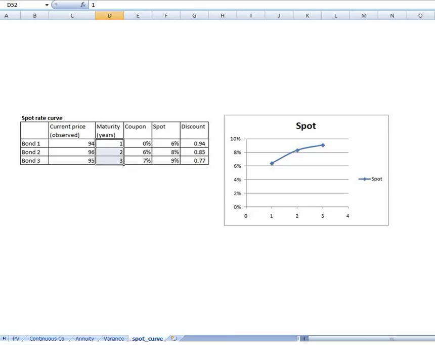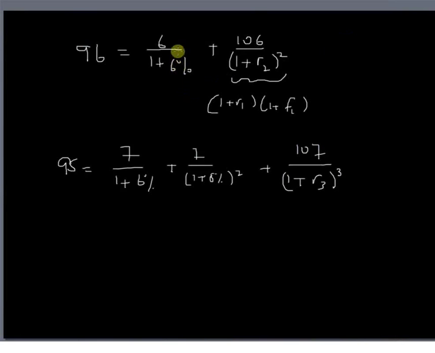Finally, I just want to add what this discount column is for. It's nothing fanciful. It's just the factor that you need to multiply by a coupon. Let's look at this formula. This term is simply 6 multiplied by 1 over 1 plus 6%.